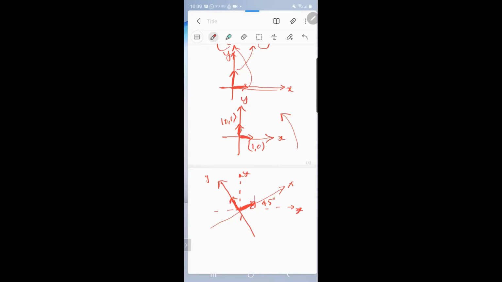Okay. What are the coordinates of this particular point here? How many of you know trigonometry or have seen trigonometry before in some other context?